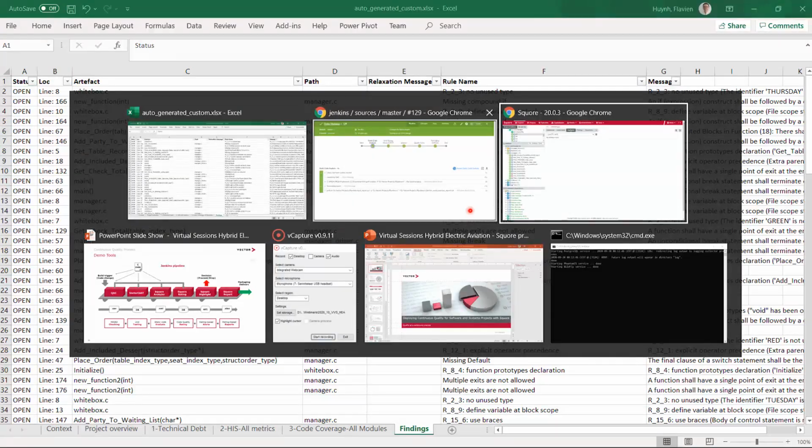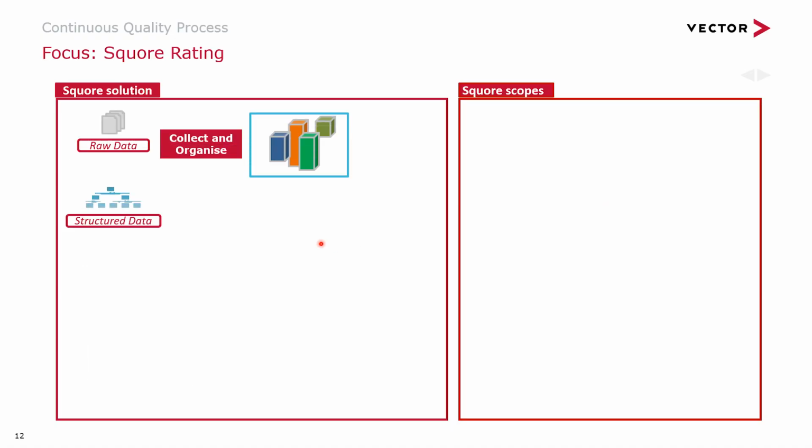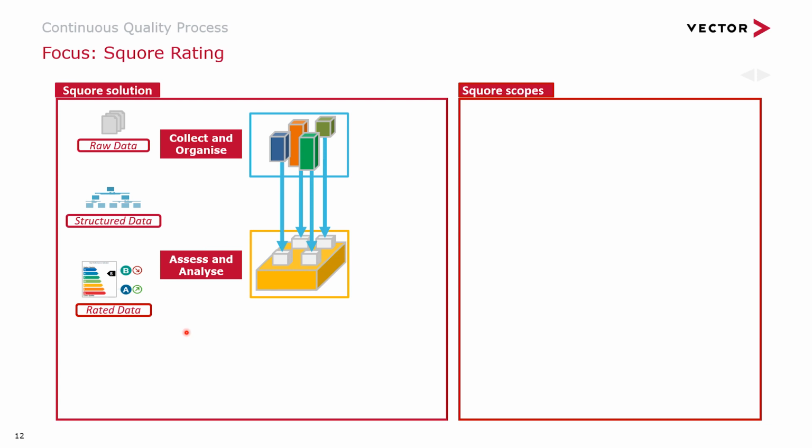So what we have seen here is Squore in action, meaning that it's a three-step operation. The first one is to get all the data. In our case it is QAC, Vectorcast, static code analysis, to structure all of this data so that it can be rated. That's the second phase.